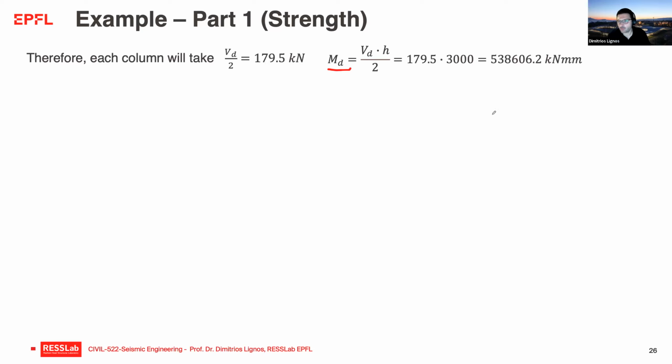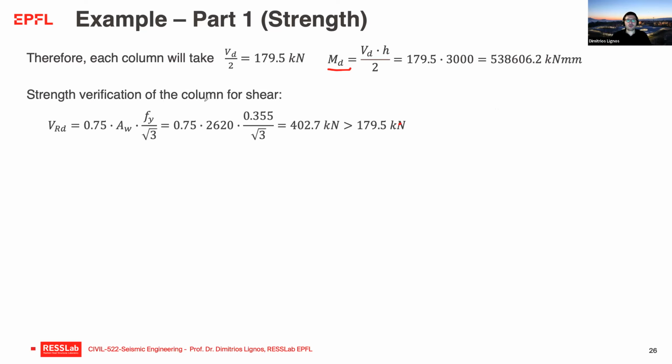Now I will have to see from regular steel design if the HEB 240 column is going to be able to satisfy the requirement for shear resistance and the requirement for flexural resistance. The strength verification of the column for shear, if you recall, is going to be computed as phi times Aw times tau y, which is Fy divided by square root of 3. The phi factor in this case is 0.75, so 0.75 Aw times Fy divided by square root of 3.